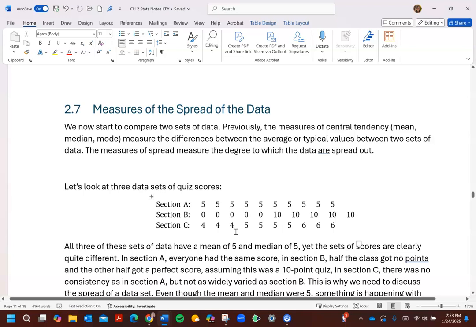We have a few scores of 4, 5, and then a few of 6. So all three sets of data, if we put it into software, or just crunch the numbers on our own in a calculator, we would have a mean of 5 and a median of 5. Yet you can see that the scores are very different in their makeup and how they lay out.